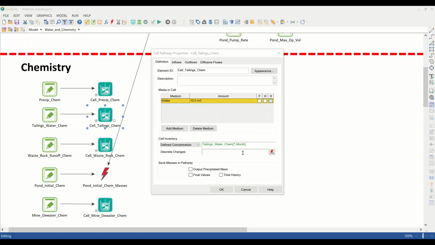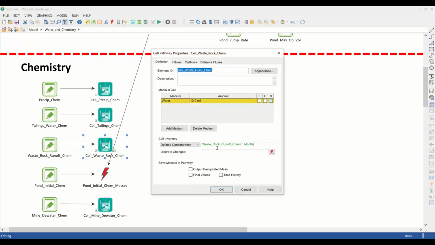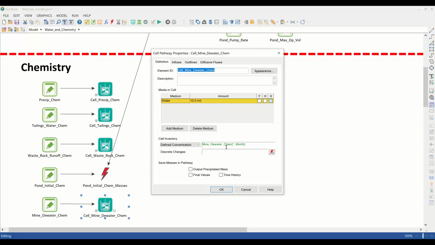And I'm just using the shorthand notation of asterisk or star, comma, month to pull in that data so that we have the monthly chemistries coming into this cell pathway. The cell pathway for the waste rock has a very similar form. Again, I have monthly average chemistries coming into that. And also for the mine dewatering chemistries, I also have monthly average chemistries.